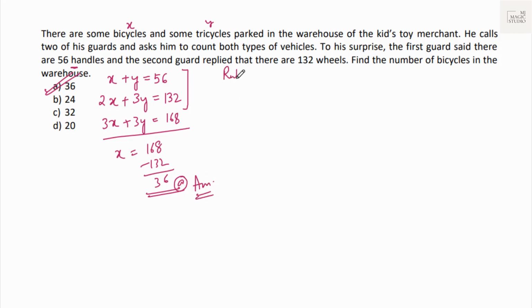Now, I want you to learn also rule number 6, butterfly diagram, to solve these kinds of questions. This is known as the all-in concept. We have got bicycles, we have got tricycles. Total number of handles is 56. With that only we will find the count.